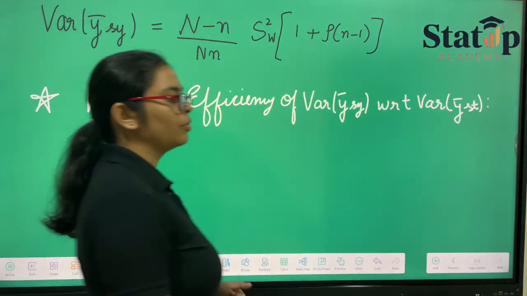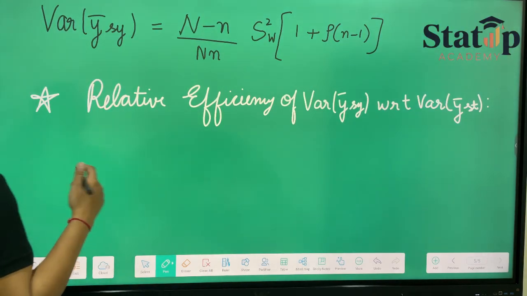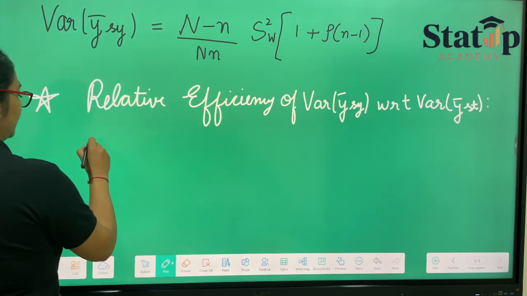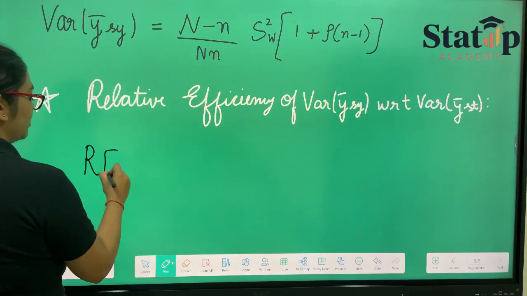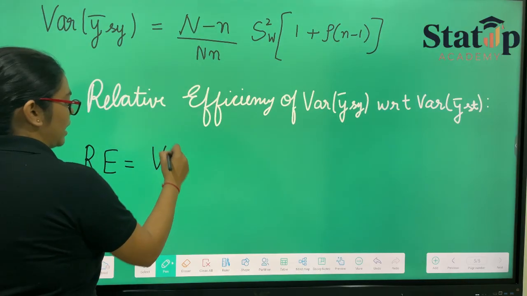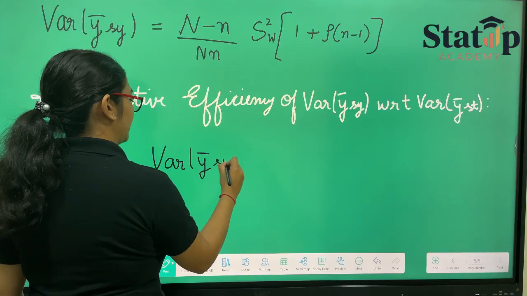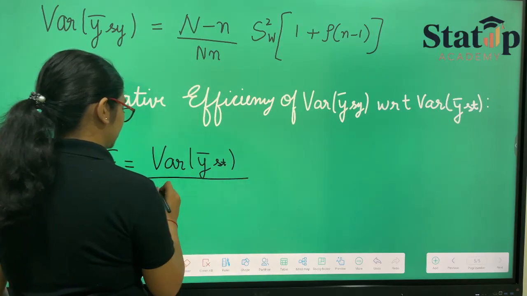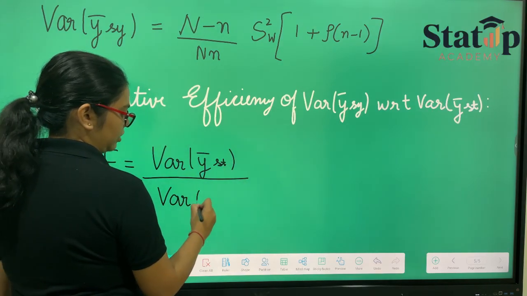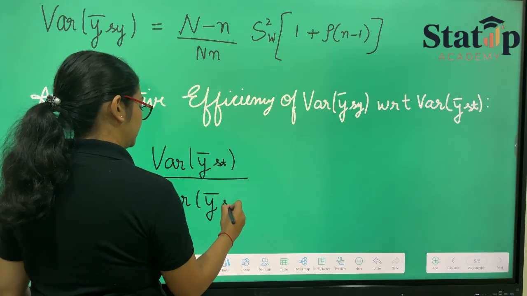Now, the one for whom we are calculating, suppose we are calculating for systematic here, that will always come in the denominator. So stratified will come in the numerator, y bar stratified, and systematic will come in the denominator, y bar systematic.